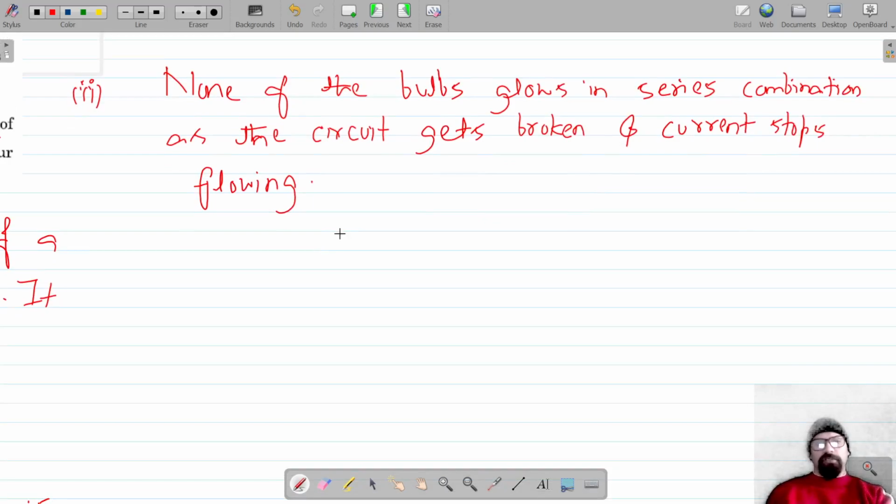But in parallel combination, only the broken one will not glow, but other bulbs will continue to glow.